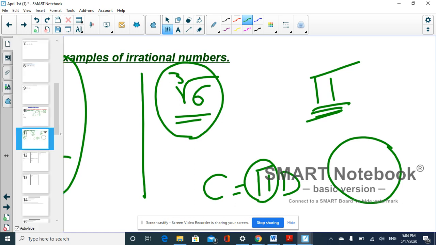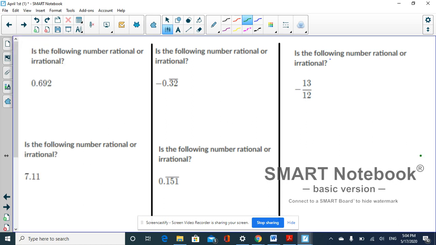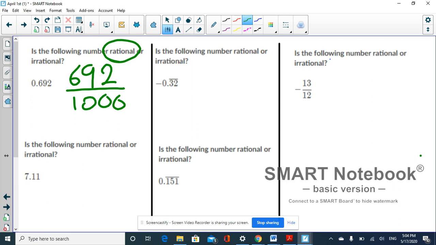Okay, let's see some examples. Is the following number rational or irrational? This is 0.692. We can write it as 692 over 1000. So yes, this is rational.